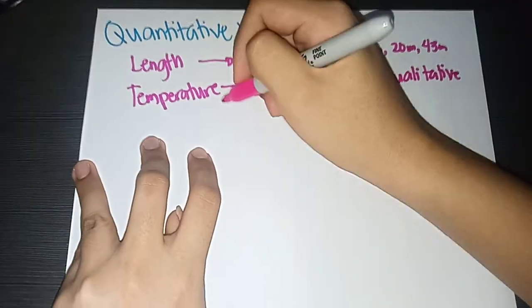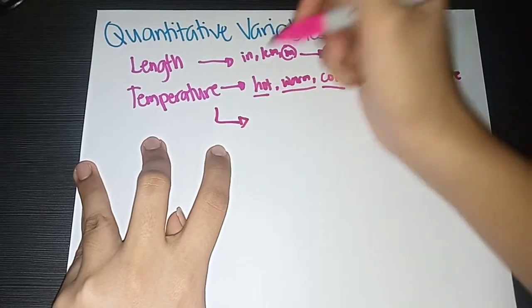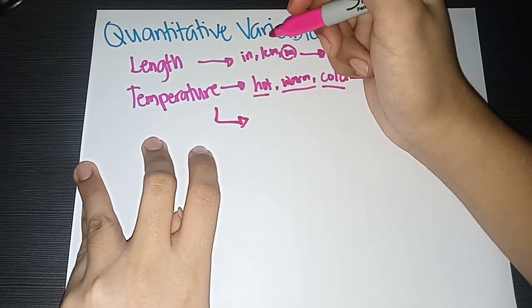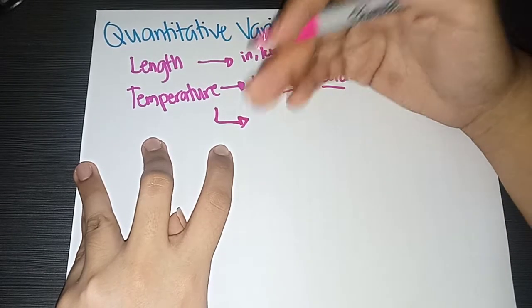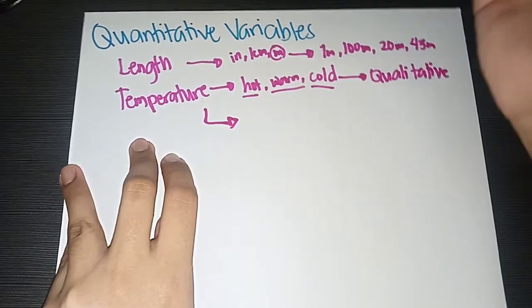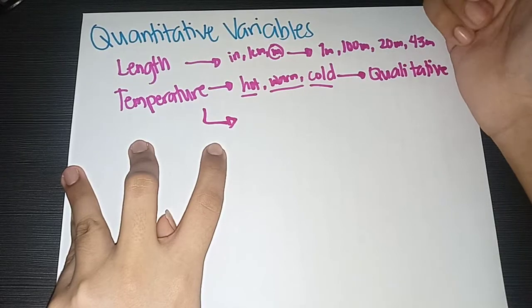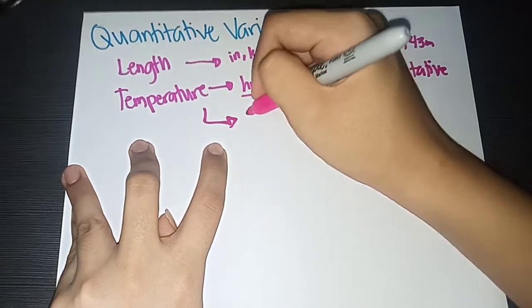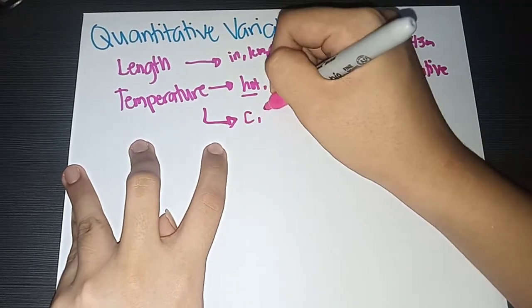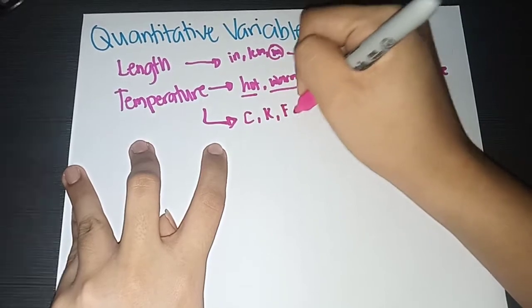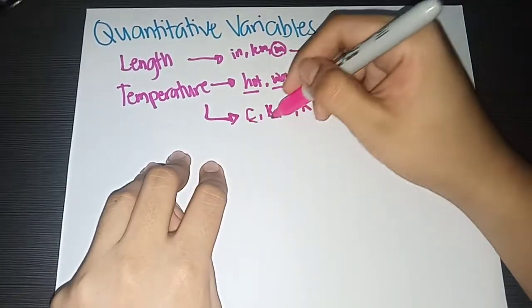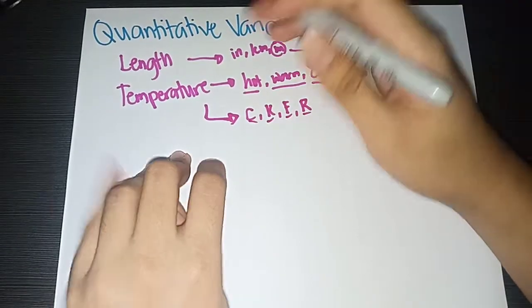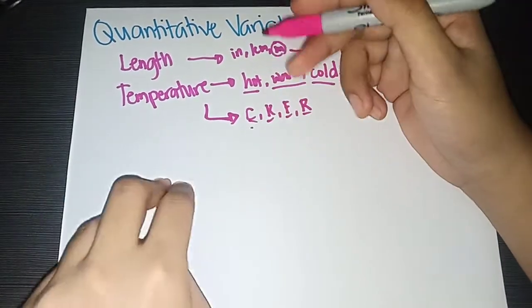But temperature can also be expressed in numerical values, in which we can use units like Celsius, Kelvin, Fahrenheit, and Rankine. These are some possible units to be used in temperature.